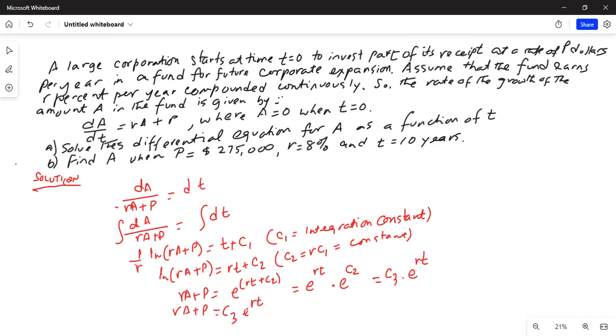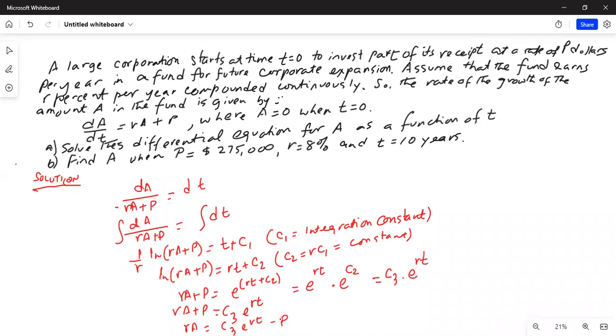Okay, from which we solve for A. So first we will subtract P on both sides. We will get RA is equal to C3 e to the power of Rt minus P, right?